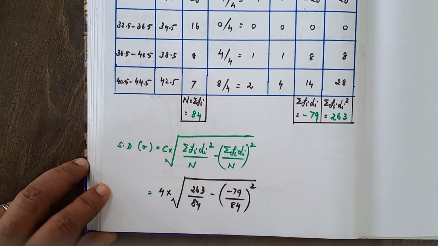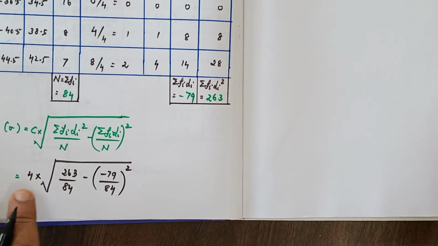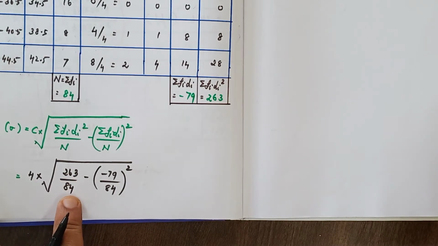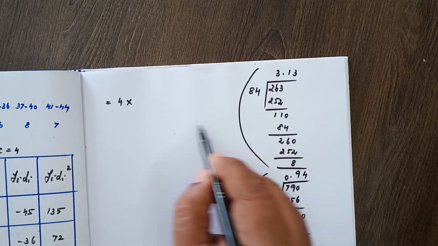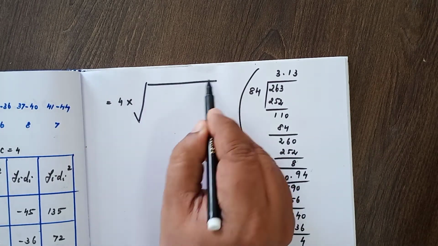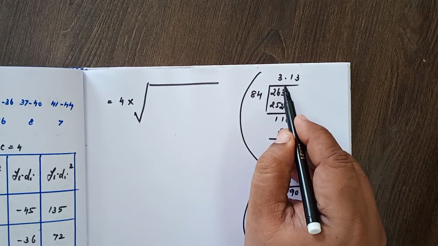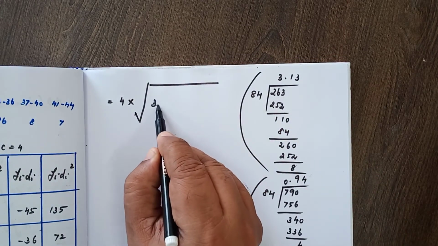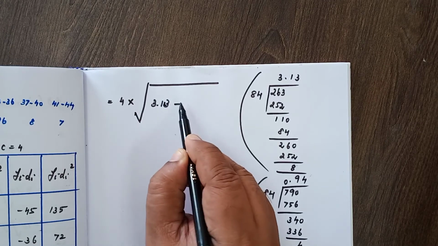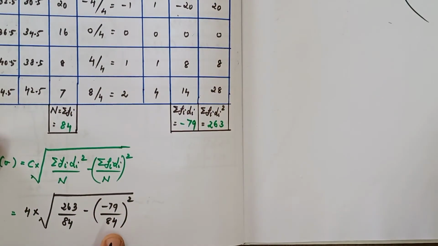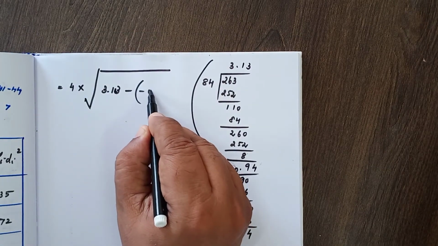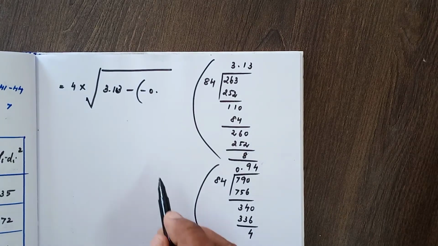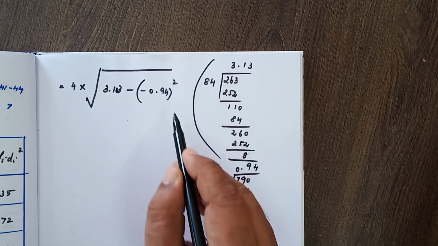Okay, now I have to divide. First write 4 into, then 263 divided by 84. 4 into square root of 263 divided by 84, approximate value 3.13, minus 79 by 84, here it is 0.94 approximate value, the whole square.